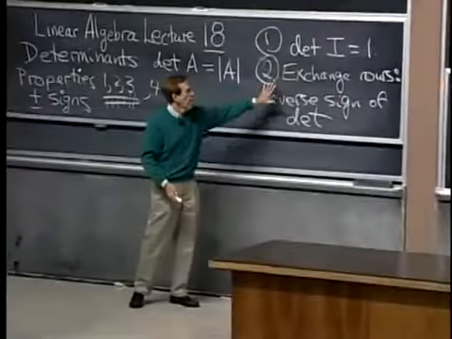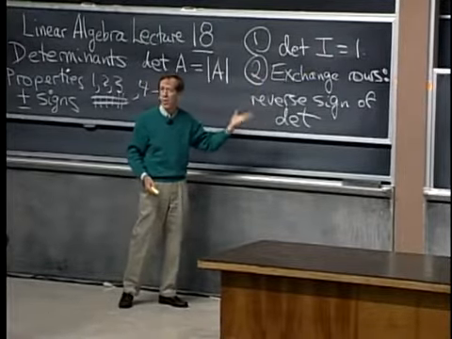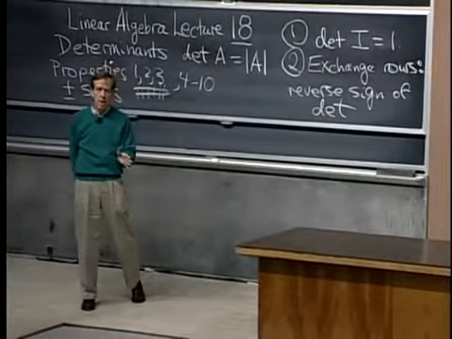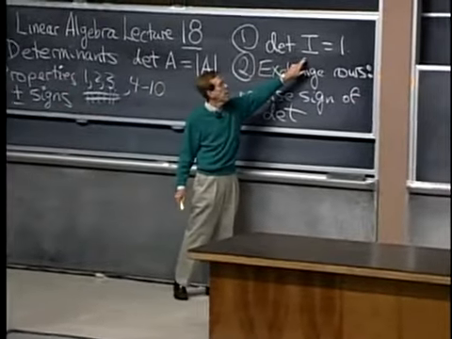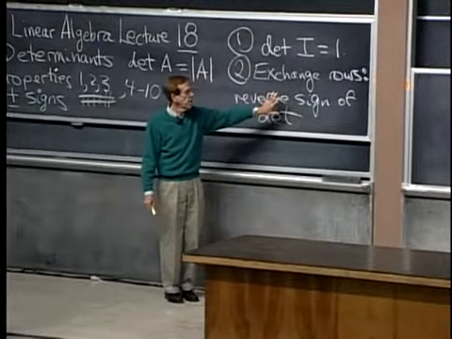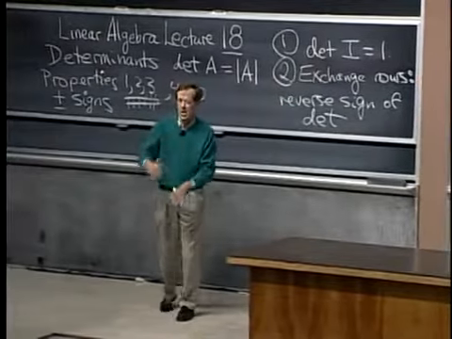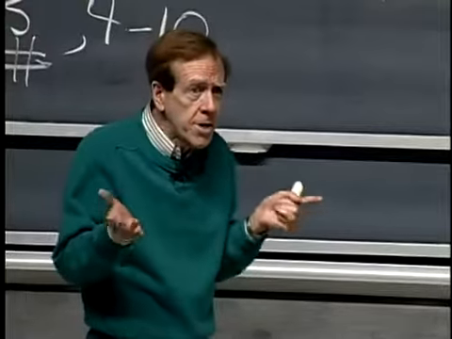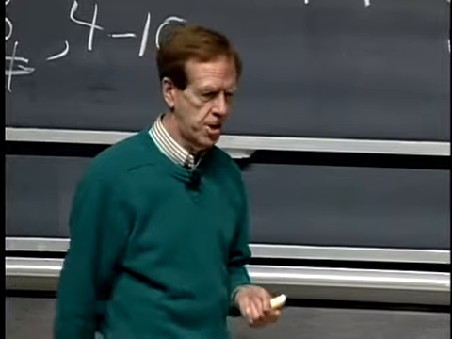And so now, what matrices do we now know the determinant of? From 1 and 2, I certainly know the determinant of the identity matrix. And now I know the determinant of every other matrix that comes from row exchanges of the identity. So what matrices have I got at this point? The permutations, right.